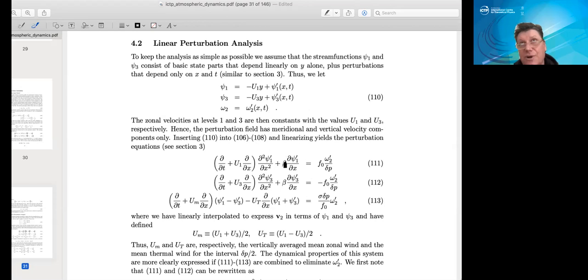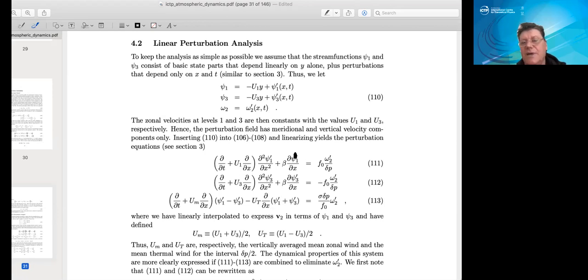This may be only valid for a few days or something like this, because if we find that our perturbations can grow, then at some point this will not be valid anymore. But this is just for the purpose of doing the stability analysis of the equations. Initially, we can define our amplitude to be small enough such that the higher order terms in perturbations are zero. So we only consider the first order terms in this equation.